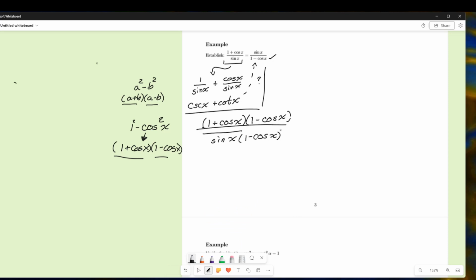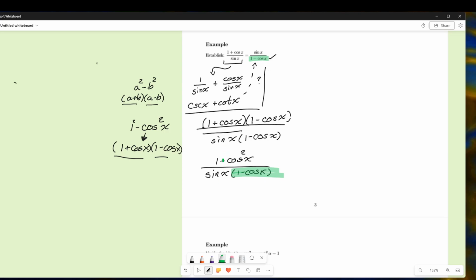Now if we FOIL this top together, we're going to get 1 minus cosine squared x, because that's what the conjugate pair is FOILed into, over sine x times 1 minus cosine x. Now, as I mentioned before, I like the 1 minus cosine x because we want one of those eventually.